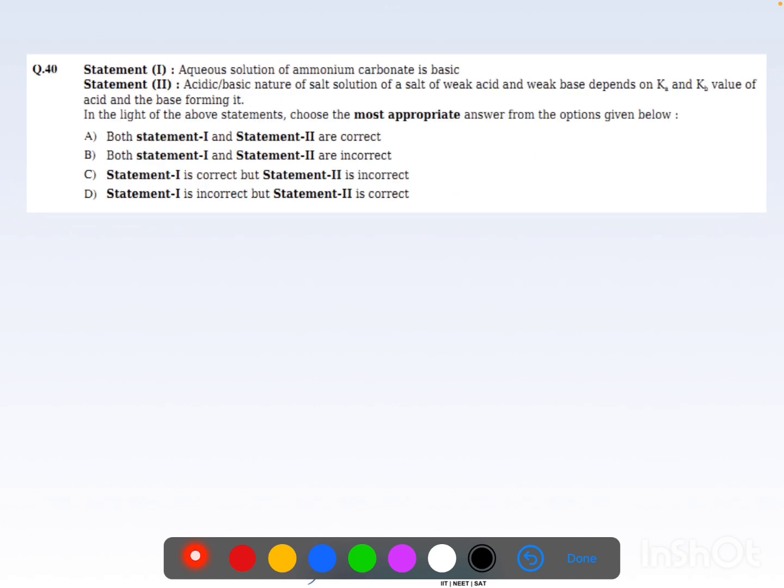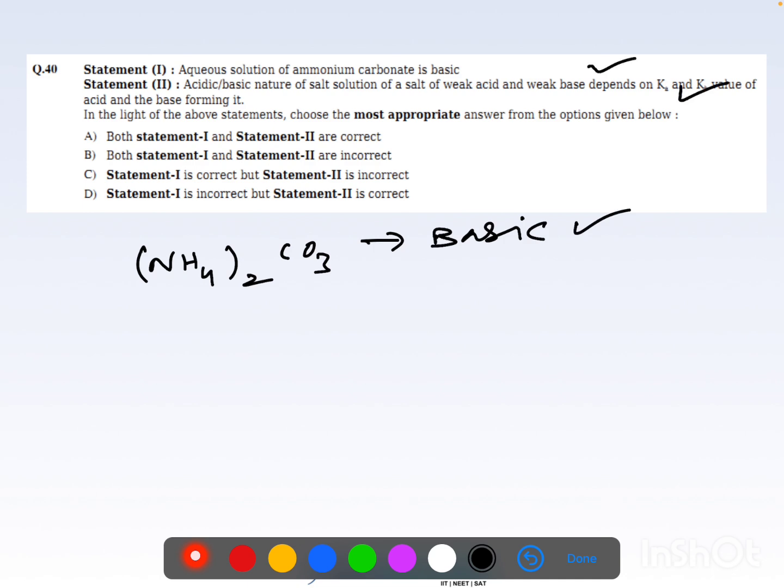Aqueous solution of ammonium carbonate is basic. So ammonium carbonate, (NH4)2CO3, is basic. Yes, it is correct. And statement 2, the acidic or basic nature of the salt solution of a weak acid and weak base depends on Ka and Kb values. It is also correct.